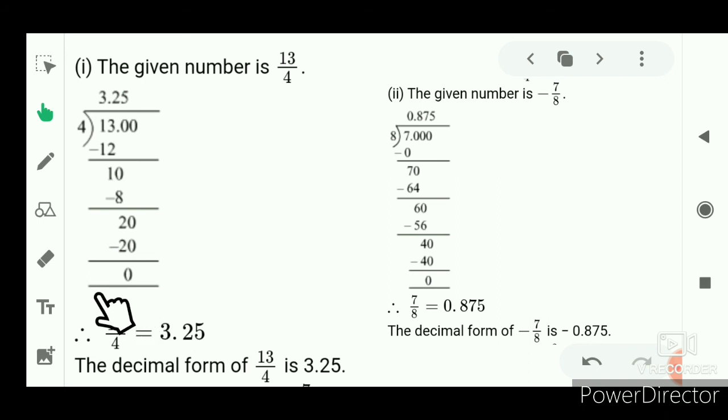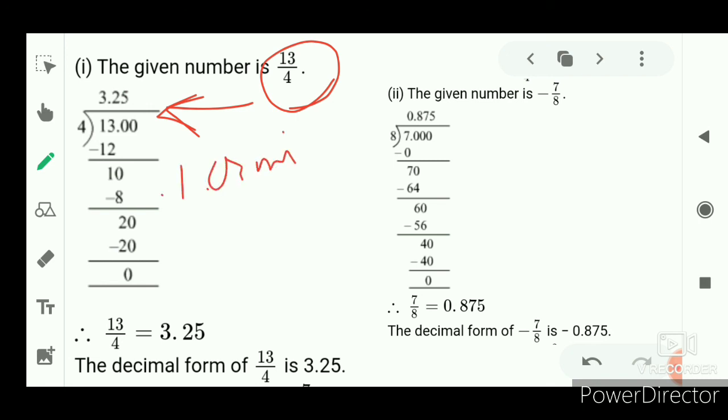Then after that we are getting the remainder 0 and quotient 3.25. Here the quotient is the required decimal form of 13 by 4. 13 by 4 was our question and its decimal form is 3.25. And here no number is repeating, which means that it is terminating decimal form.